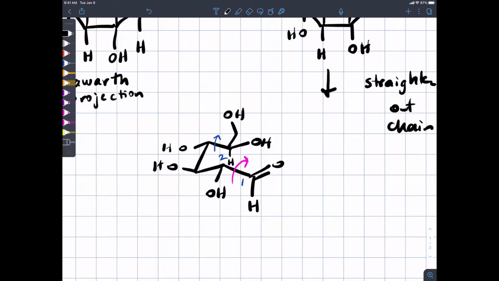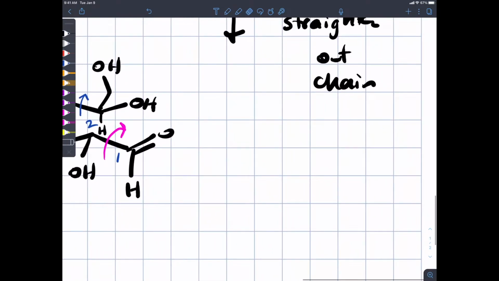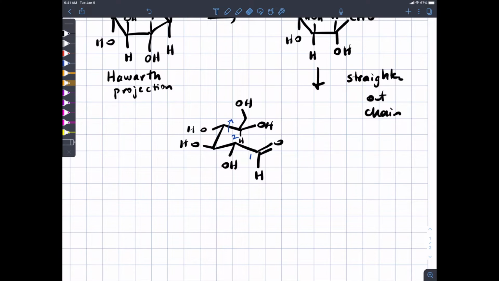Yeah, that will cause, and I think I'm doing this right, the CH2OH group to be here, and that'll cause the OH group to be down and the hydrogen to be there.